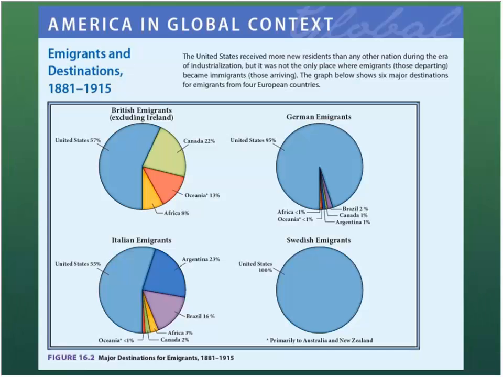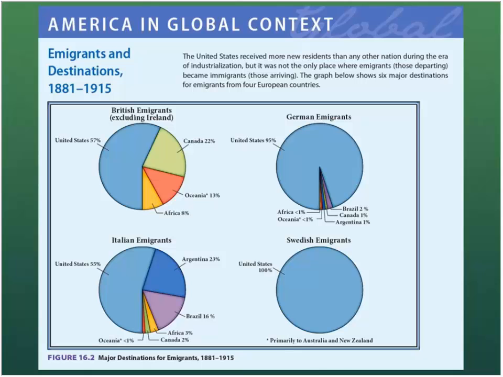One of the features here in Chapter 16 that we use is to help students think also that not everybody came to the United States, and maybe not everyone wanted to come to the United States. This chart shows four different immigrant groups and explores where people ended up. In the case of Swedish immigrants, almost everybody got on the boat and came to the United States.